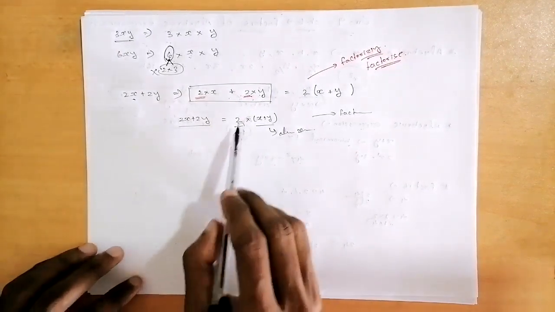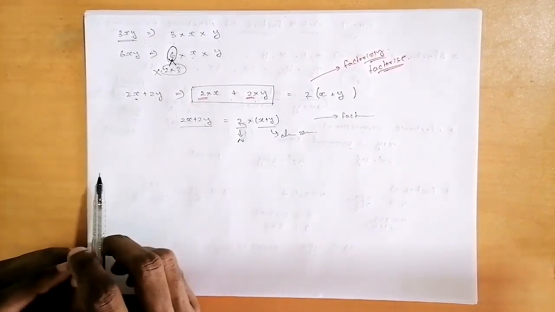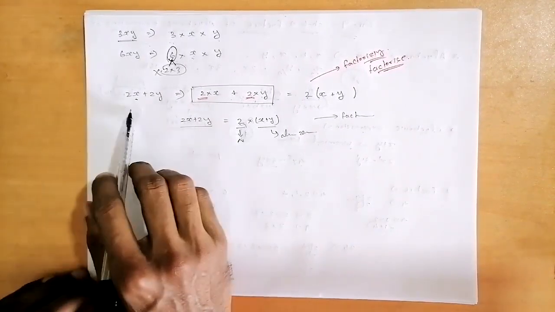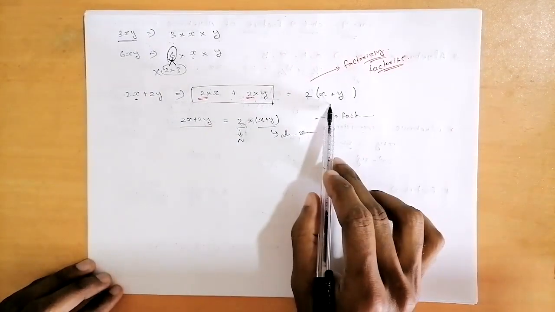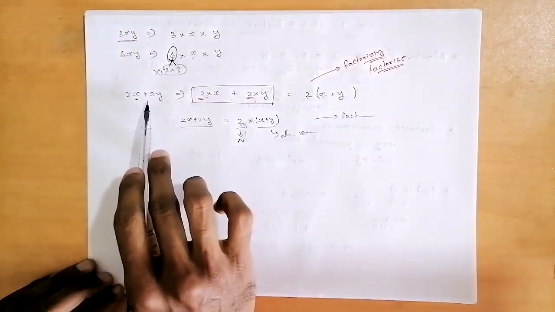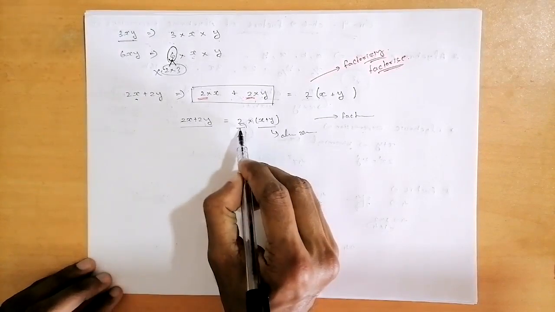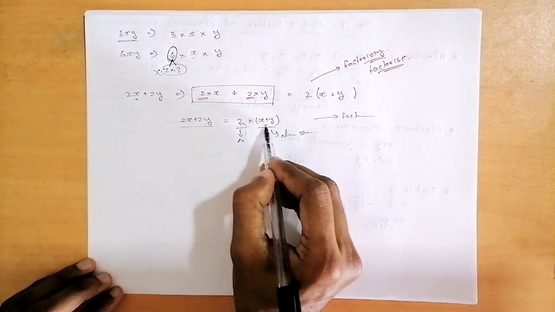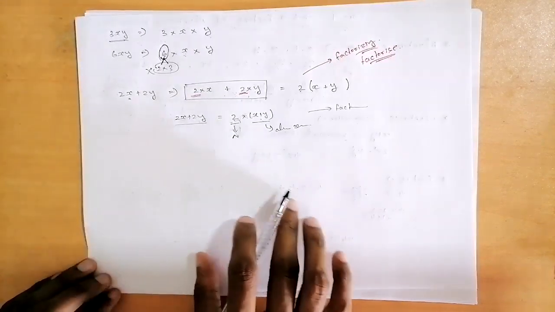In other words, we factorize 2x plus 2y. If an expression is given, remember, you should factorize it. When you factorize the given algebraic expression, you will have the factors.